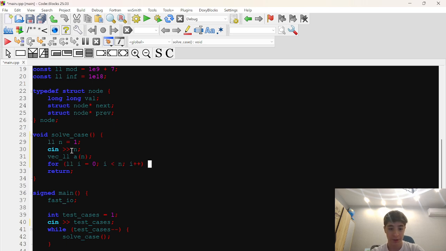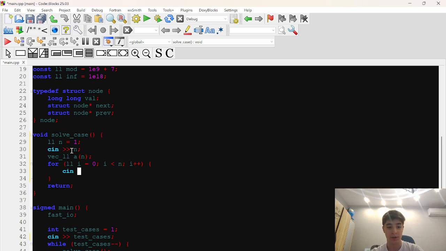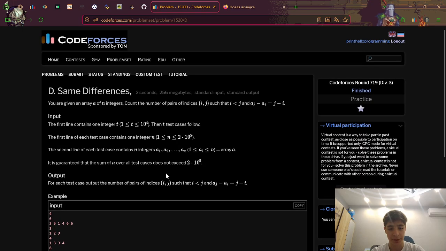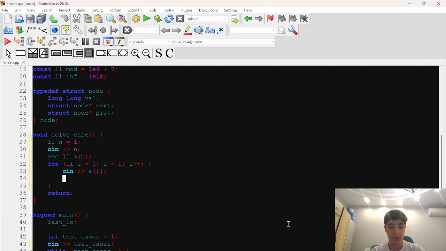I take it 0 indexed, but mainly I need to take it as 1-indexed because I input the AE. Wait a minute, AE is limited. So I do AE minus minus, and then I make answer 0.